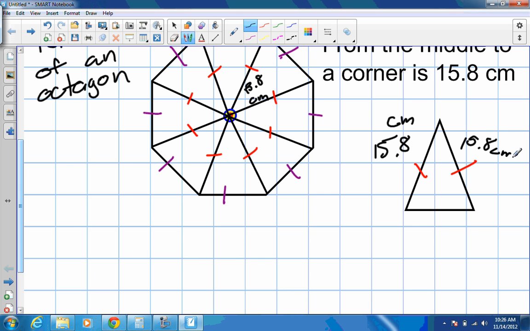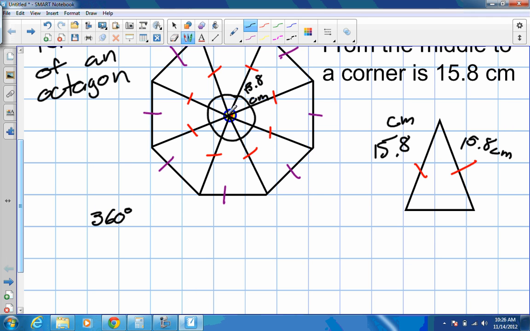We have no information about the angles. This is where you need to think back to maybe grade 8. Technically, if I go all the way around, adding all of the angles of these triangles, it's going to be 360 degrees. Very good.